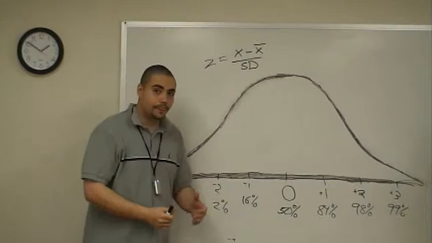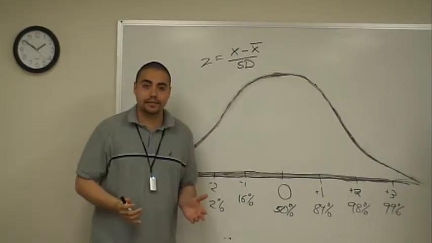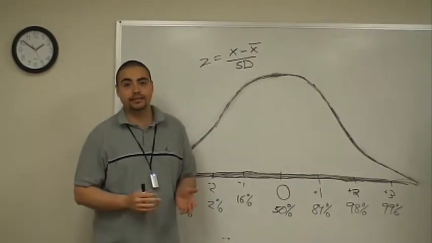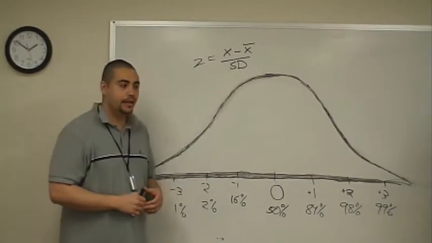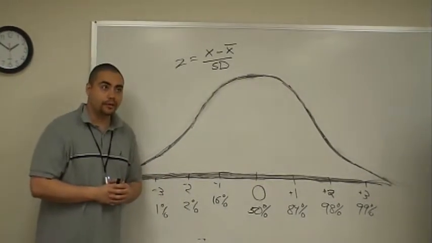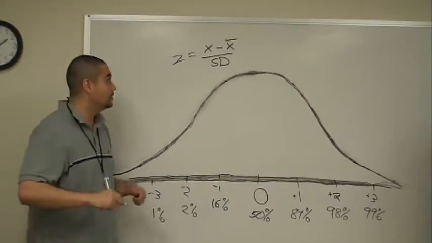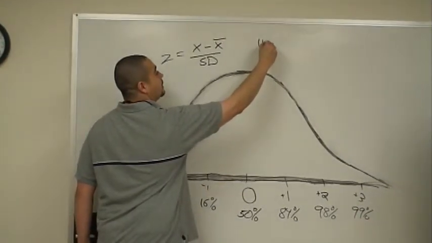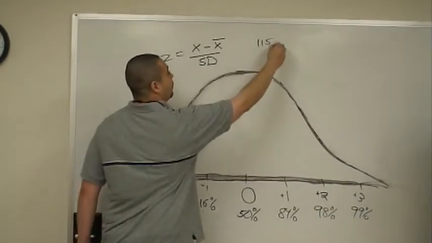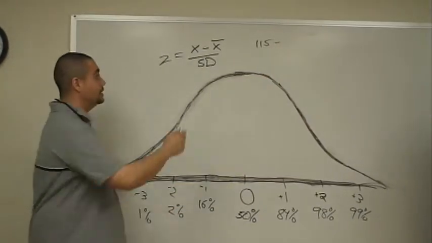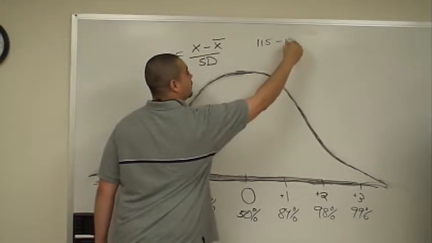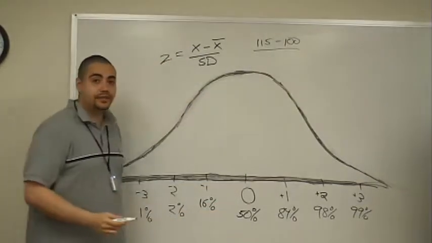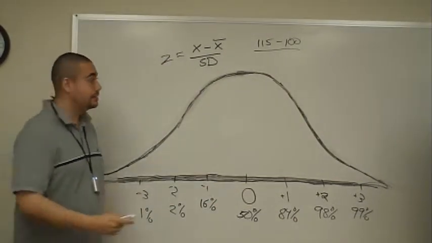For example, we know that the Wechsler IQ tests have a mean of 100 and a standard deviation of 15. If we had a person score 115 on the Wechsler scales, we would say, okay, that person's score is 115 minus the mean of the Wechsler scales, which is 100, divided by the standard deviation of the Wechsler scales, which is 15.